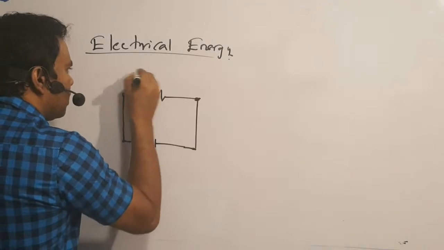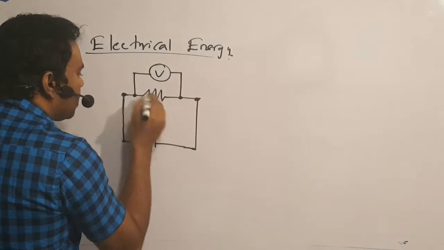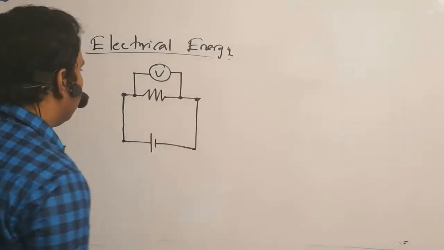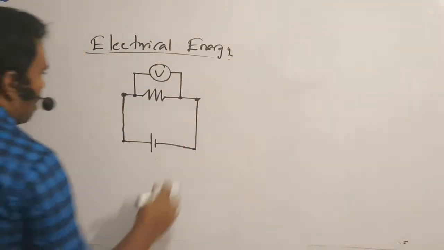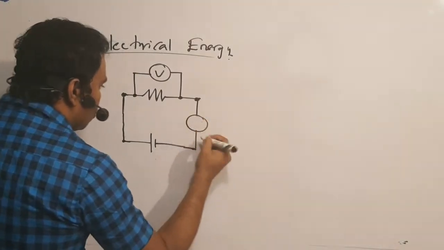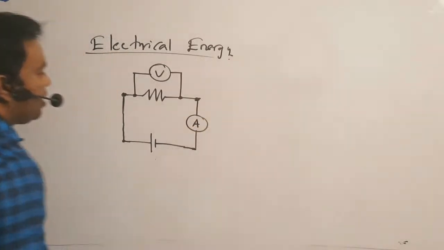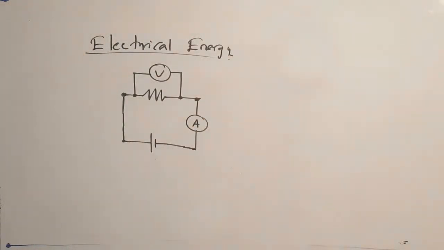Okay, so we can measure the electric potential difference at both ends of this resistor, and we can measure the electric current that flows through that. So it's by the ammeter connected in series.